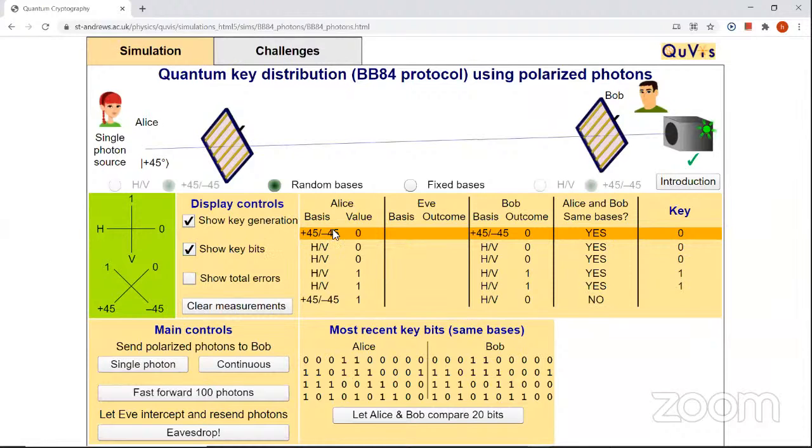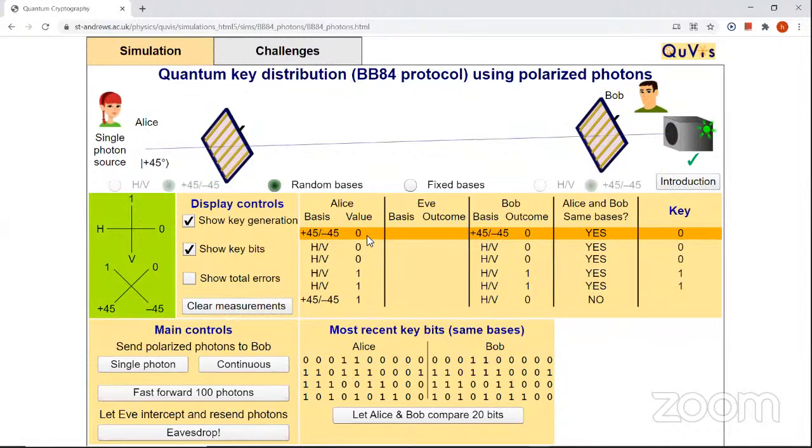For 0 in this plus 45, minus 45 basis, Alice might have sent a plus 45 polarized photon. So when Bob measures in the same basis, he will also get the same thing. So that can be used for key.